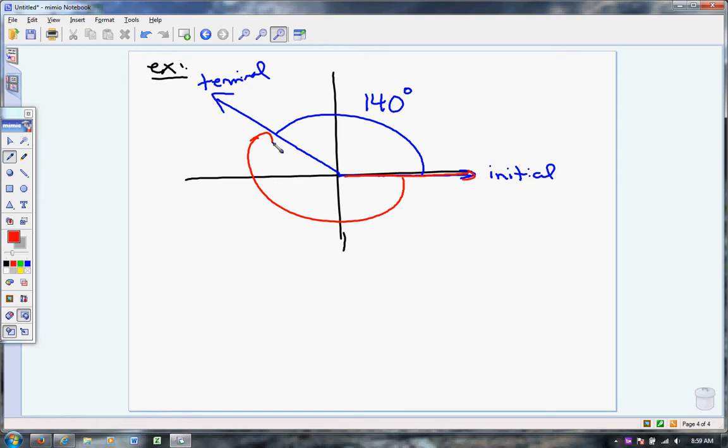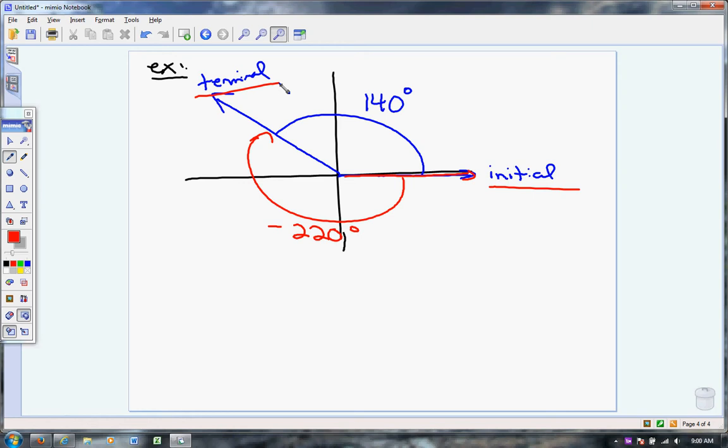So if I were to subtract 140 from 360, wouldn't I get 220? Right? So this angle would be negative 220 degrees, because remember, we swung in the opposite direction. That would be an example of two coterminal angles that have the same initial side and the same terminal side. That's one way that we could have that.